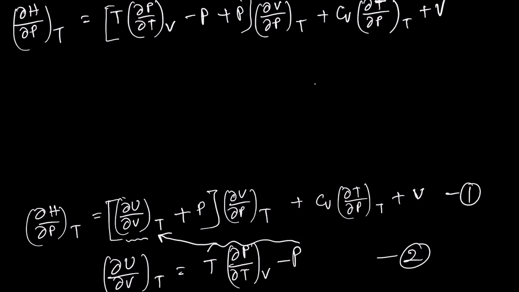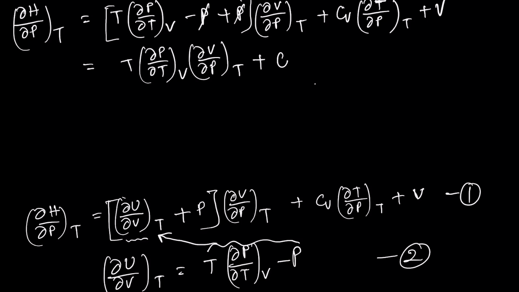Now, one thing cancels, P, that is a good thing. Now, it gives us T del P by del T at constant V, del V by del P at constant T, plus C_V del T by del P. Oh, why was I writing all that along? This quantity is 0, plus V. I was writing it because I did not notice that it was at a constant temperature.